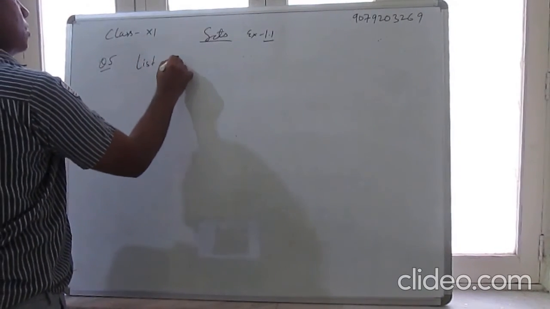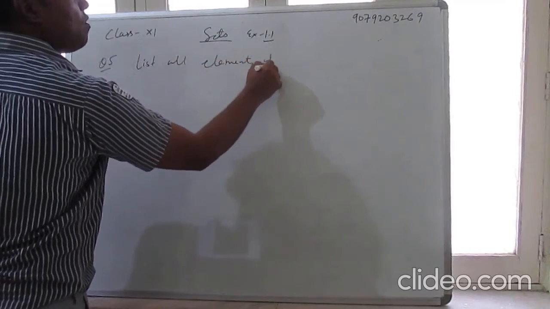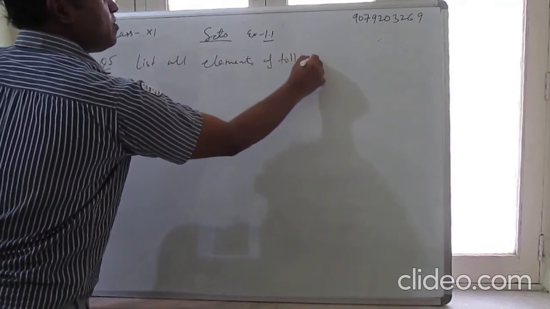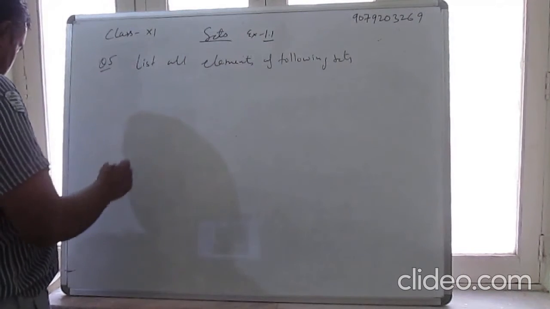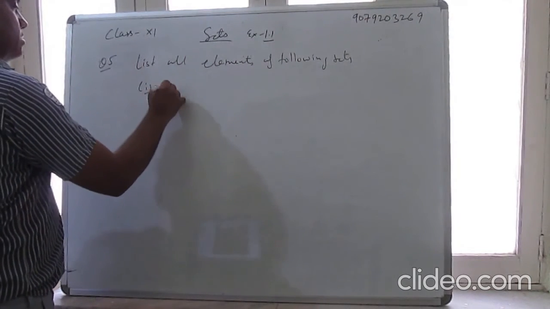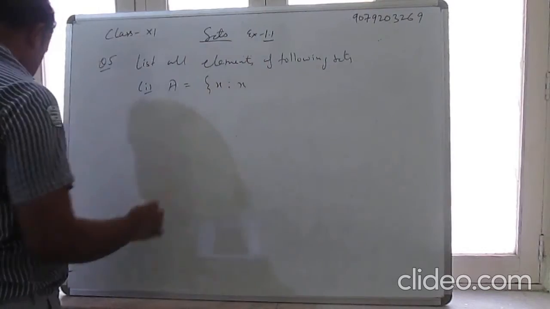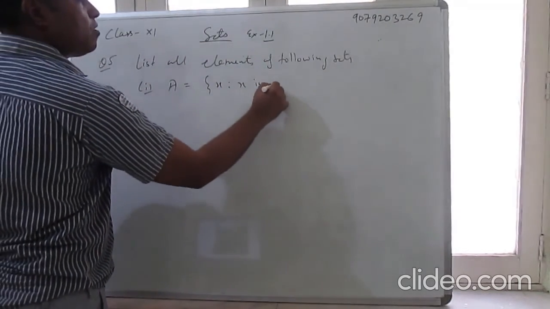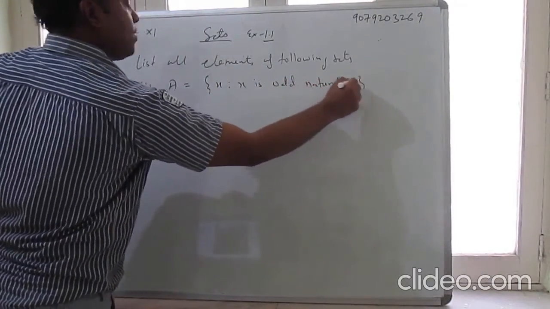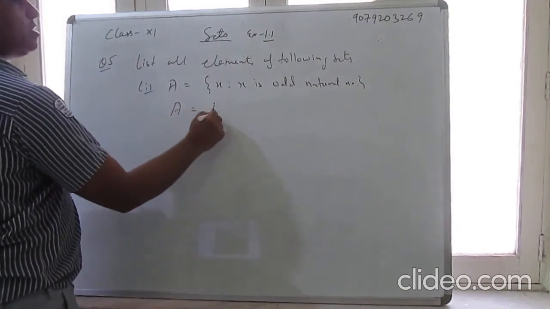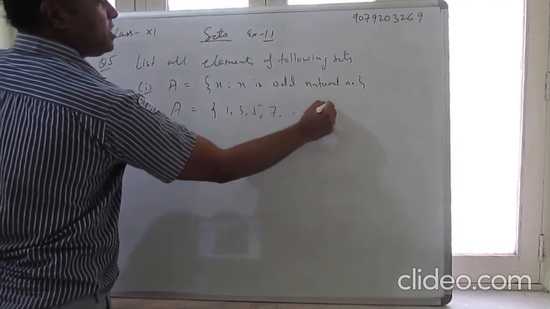List all elements of the following sets. A is equal to the set of x such that x is an odd natural number. How will you write? A is equal to 1, 3, 5, 7, and so on.